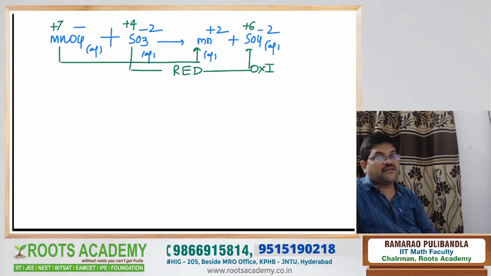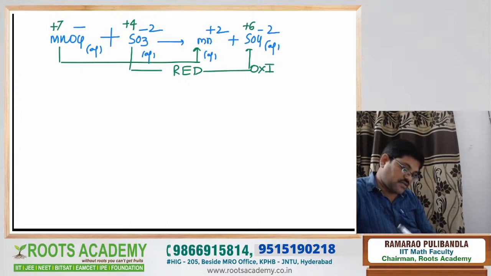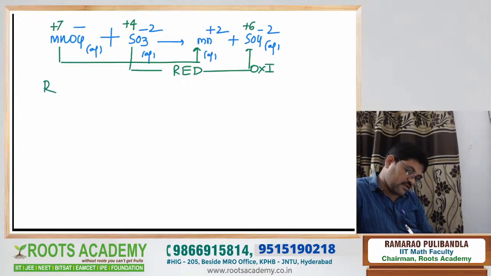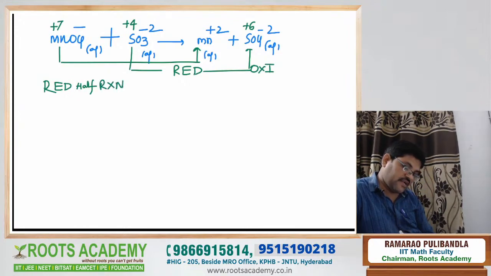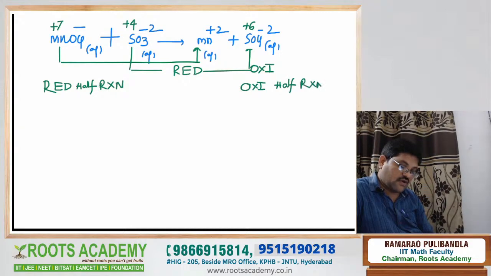Understood? And you write reduction half reaction and oxidation half reaction. From that, you get the reduction half reaction and you get the oxidation half reaction. Now regarding reduction reaction and oxidation reaction, how to write?